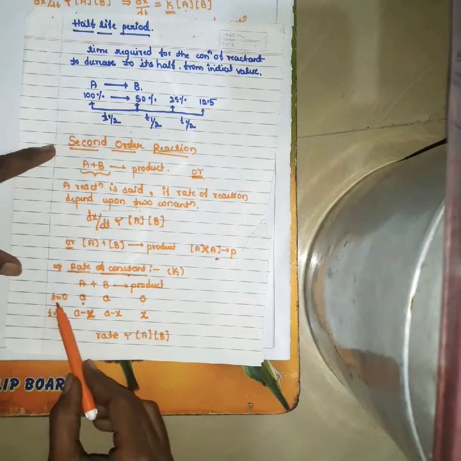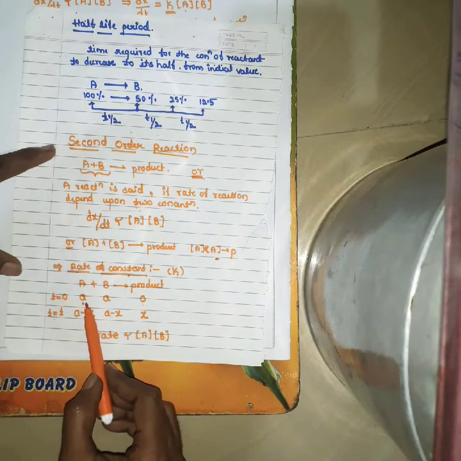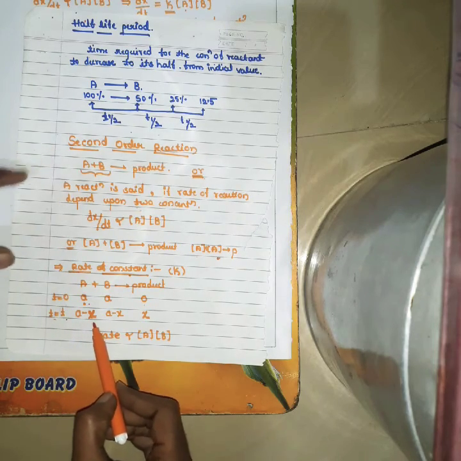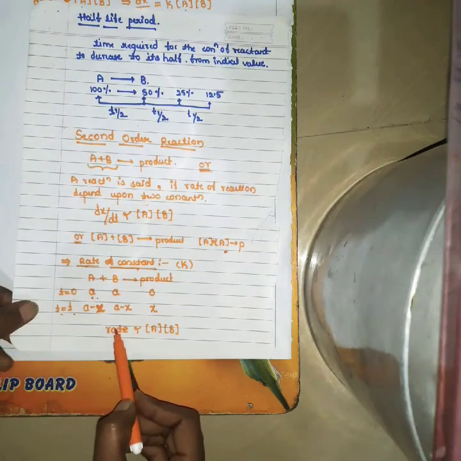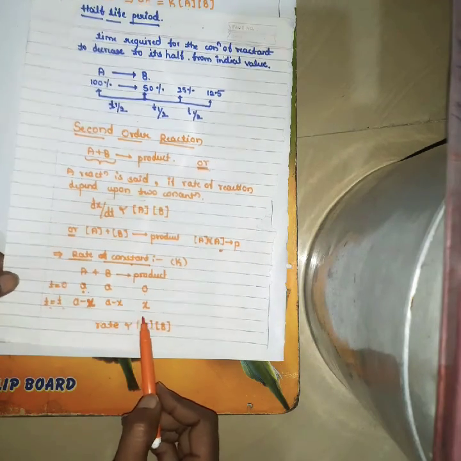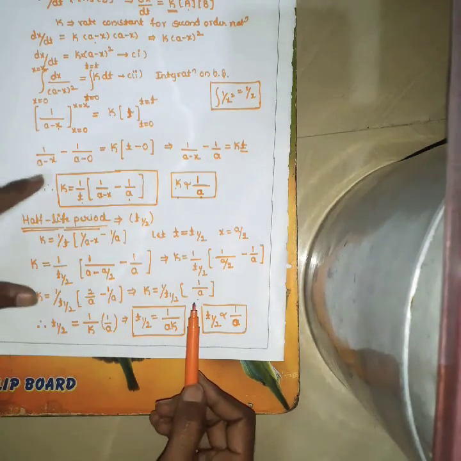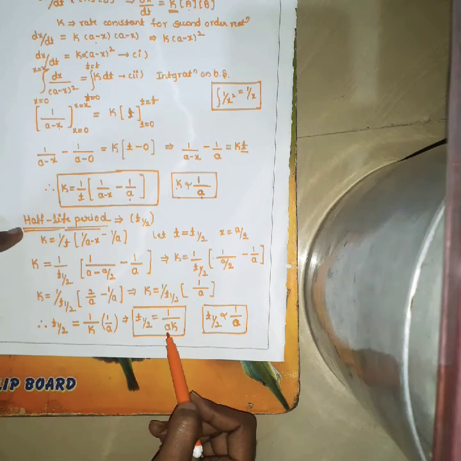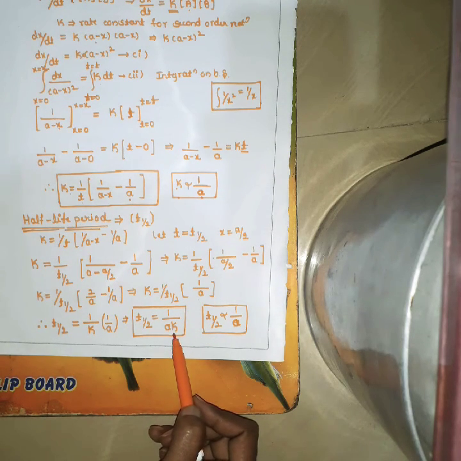We have taken the initial concentration as a at time 0, and after time t it becomes a minus x. By taking these concentrations, we derived the rate constant and the half-life period for the second order reaction.